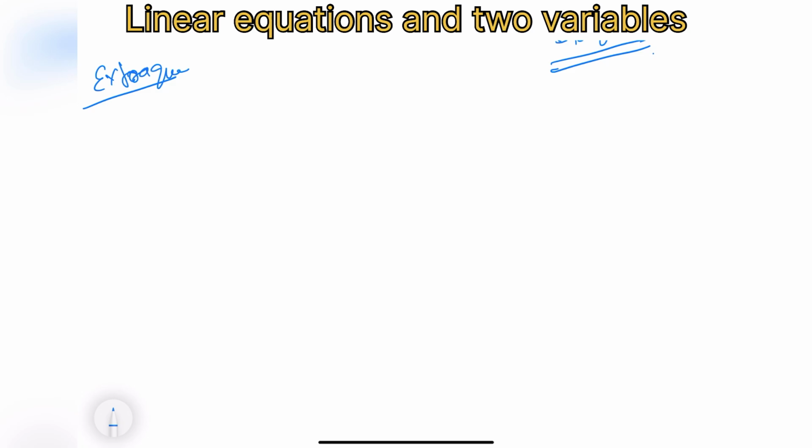Subsequent distance means the distance covered after the first kilometer. Like if we covered a 2 kilometer distance, that means 1 plus 1. If we covered a 3 kilometer distance, so 1 plus 2. So this 1 or 2 is considered the subsequent distance, and it is chargeable at rupees 5 per kilometer.